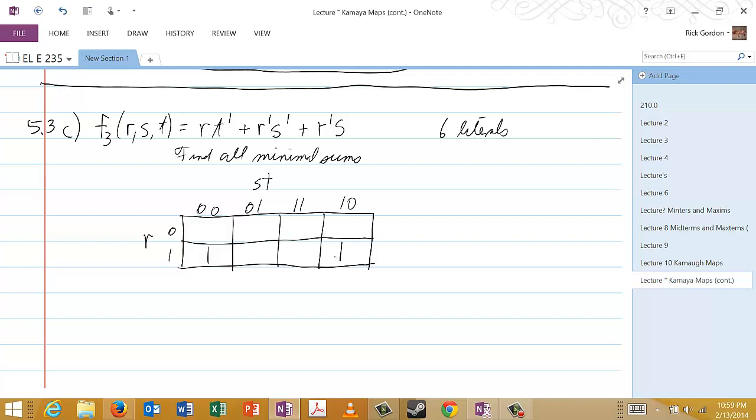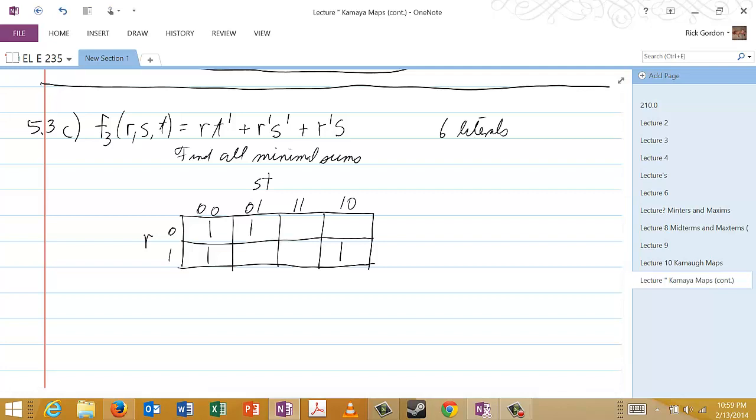R prime, S prime. Since we have R prime, we know we're on the top row of the Karnaugh map, and S prime says that S is equal to 0, so we have this one and this one. Notice that R is 0 and S is 0, but T is changing, and so T is not in the name.